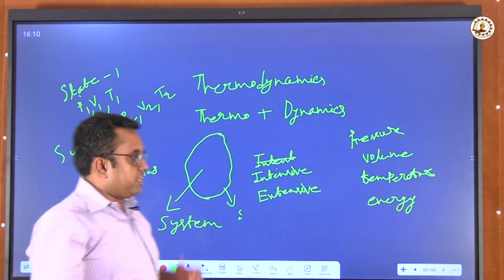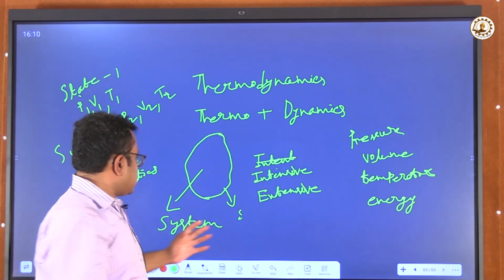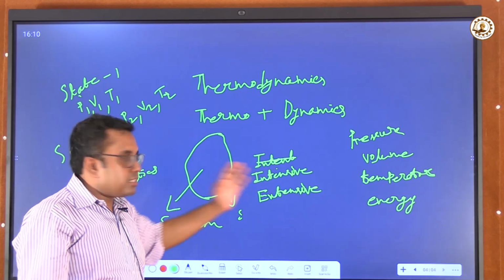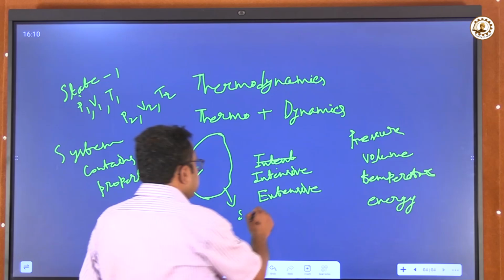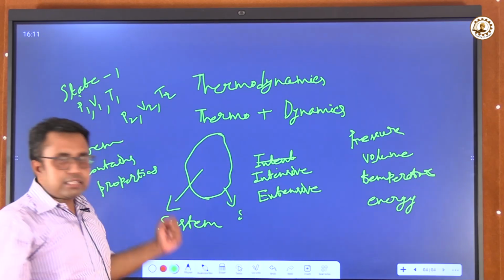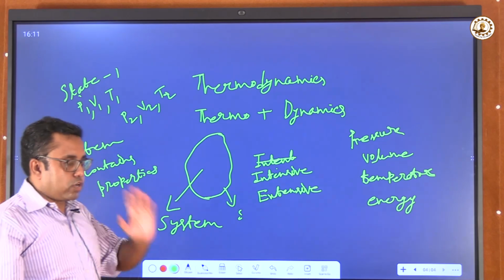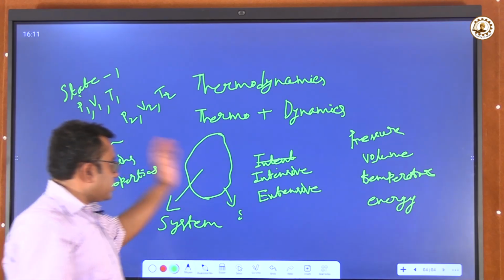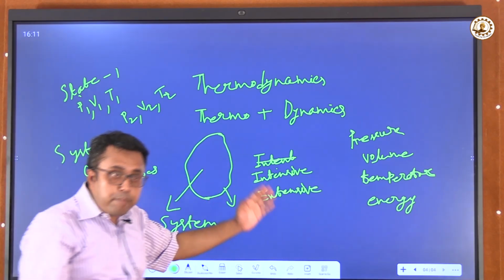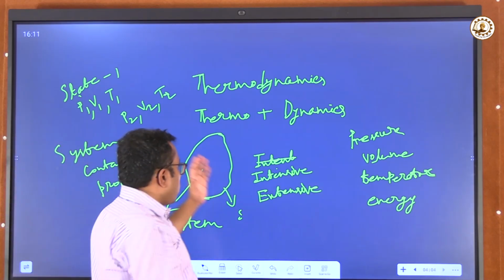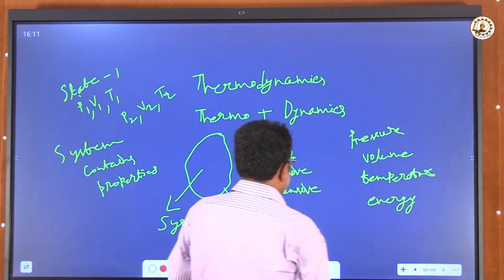If these properties depend on the mass of the system, then they are known as extensive properties. Whereas if the properties of the system are independent of the mass of the system, they are known as intensive properties.